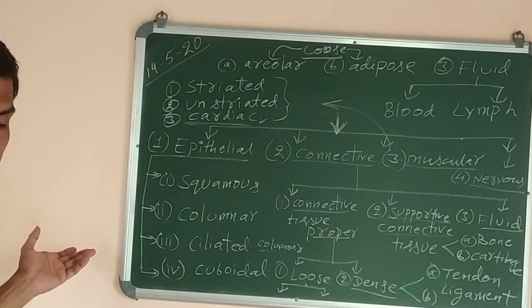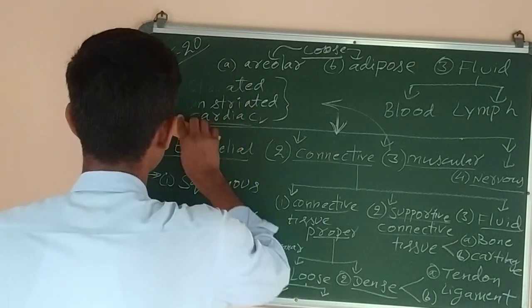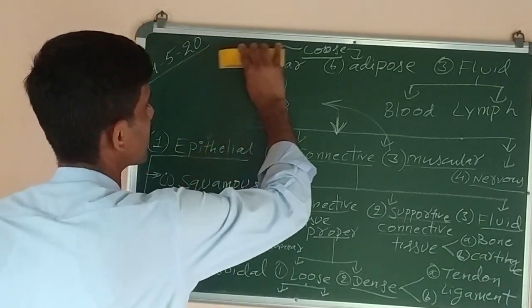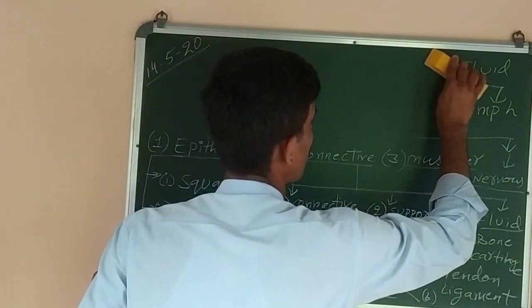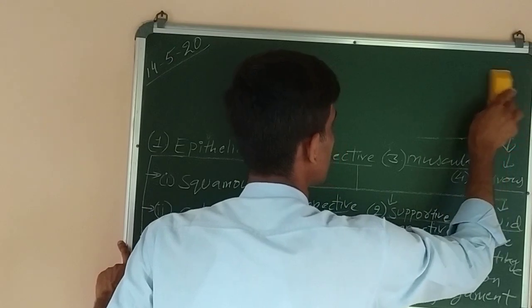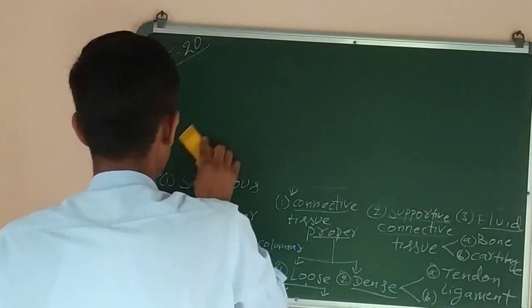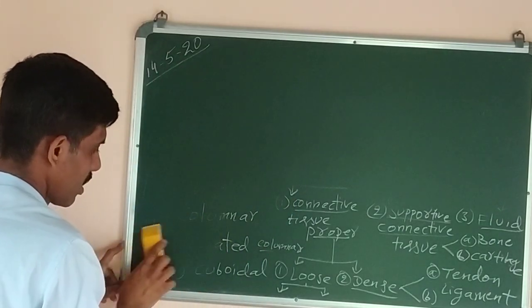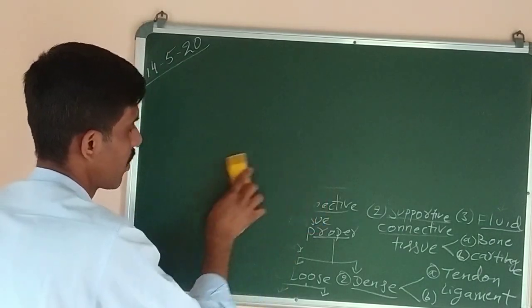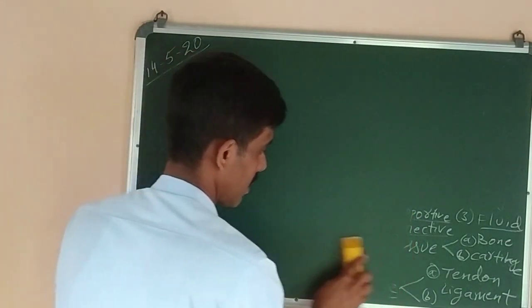So now we can start the next topic, that is epithelial tissue. That will be your homework also, to write the classification chart of animal tissue in your copy. So this chart you can draw and learn what are the different types of animal tissues.